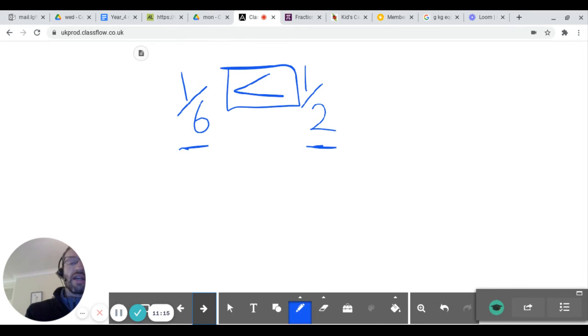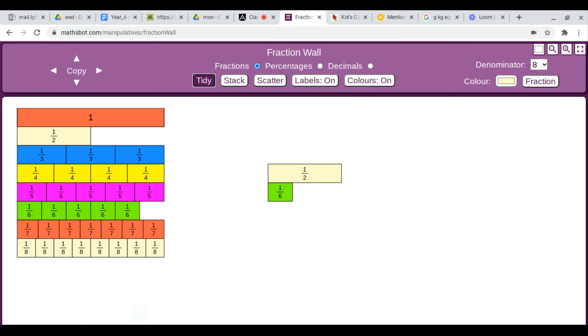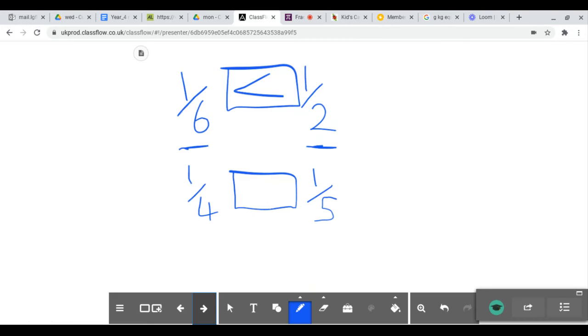So there's my symbol, less than. Likewise, if I had a quarter and I had a fifth, again, I need to think what symbol goes in between those. Go to my fraction wall. I could take out a fifth here, 1/5. I could take out a quarter. And I can see that, in this case, the quarter is bigger. So the quarter is bigger than the fifth.